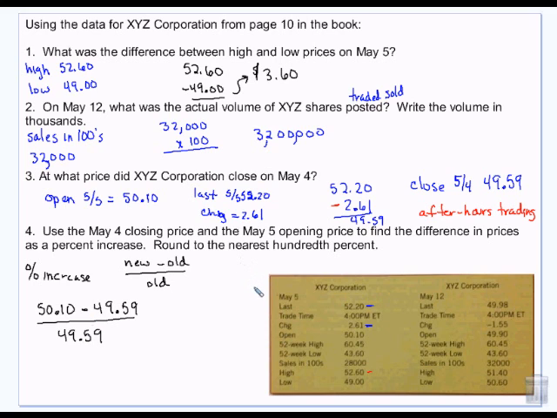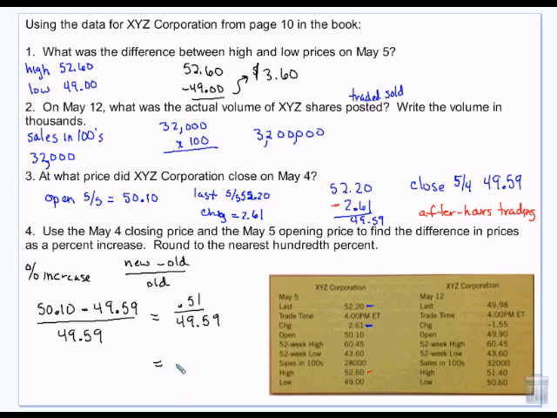So I get, oh, yeah, I'm looking at the wrong square, sorry. 51 cents divided by 49.59.